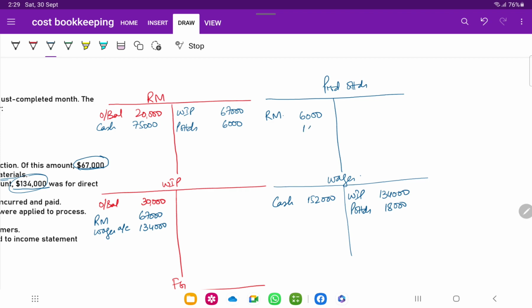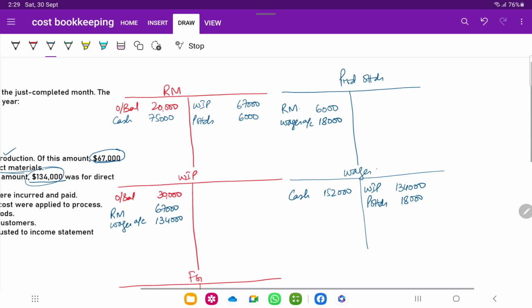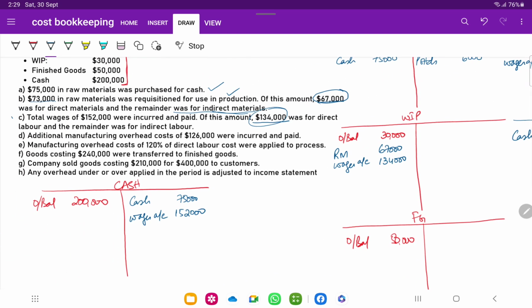Production overheads are here, right? It's the wages account, right? And then we are done with this.